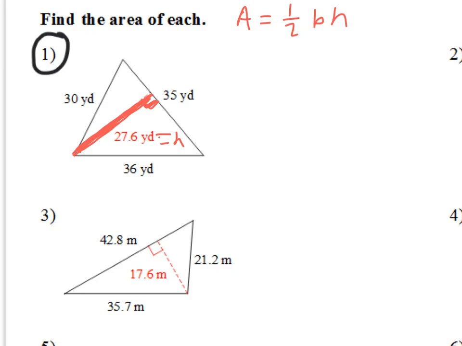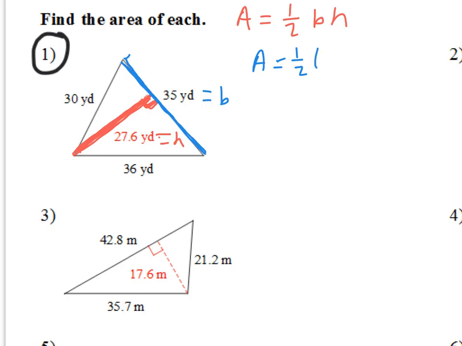Now the base of the triangle is always going to be the one that that line intersects with. Since it hits this side right here, that is our base. Now that we know our height and our base, we have all the information we need, and we can plug in base and height for area. So area equals 1/2.